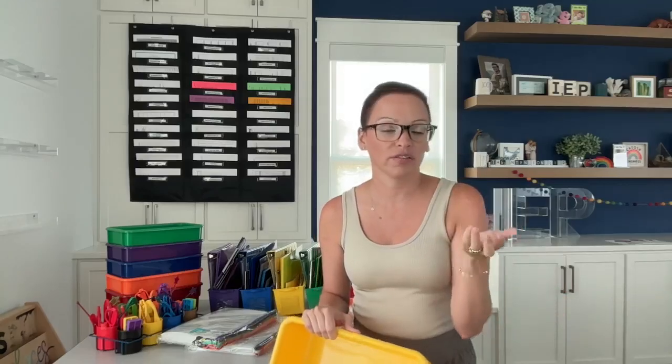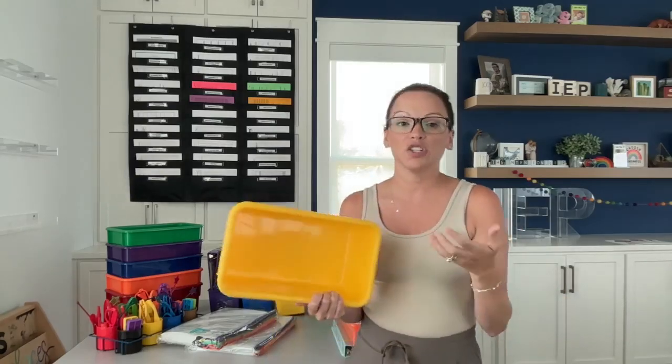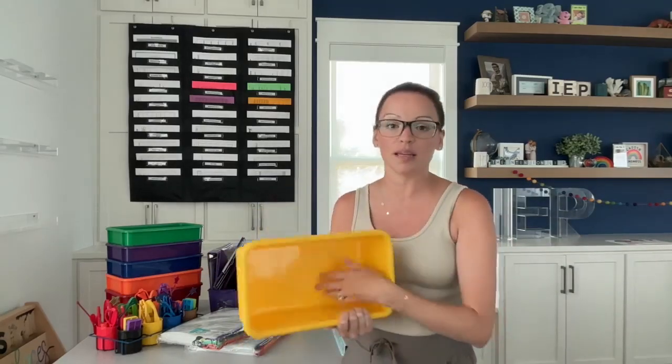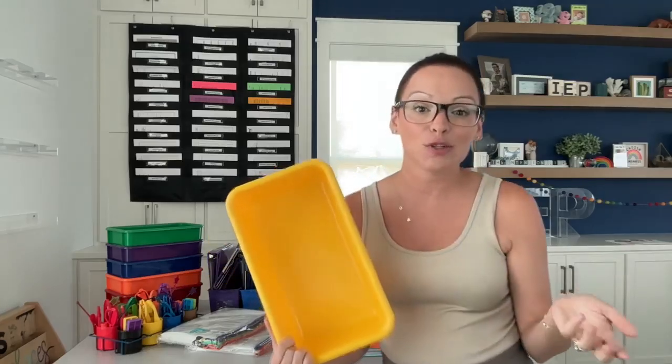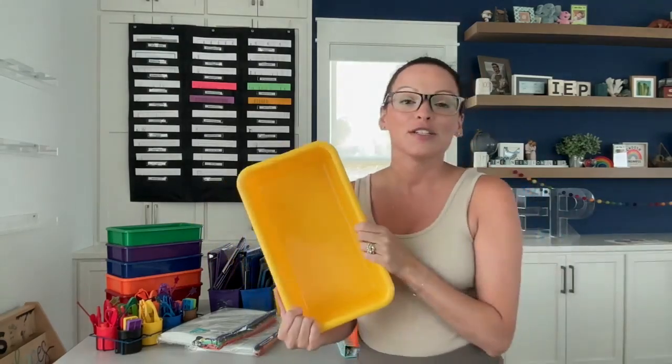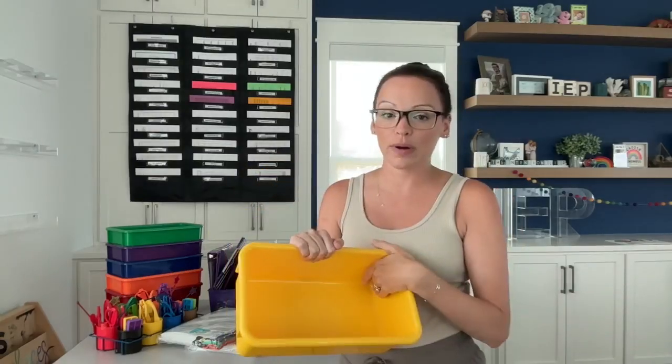Things where I could use it in September, and I could also use it in March or January, and it would practice the same skill. That is what I would prep and use in here.